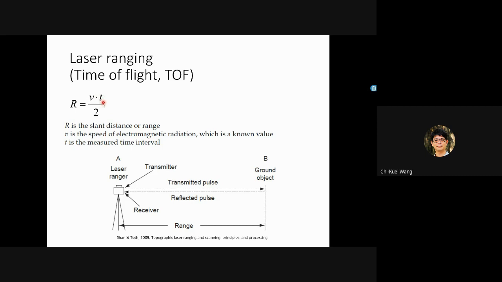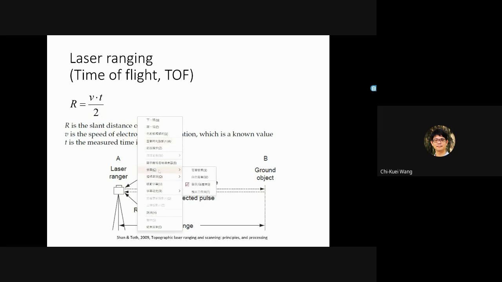We divide it by 2 because it is a round trip. The trip goes to the object, and the trip comes back. So it's a round trip. This is why we have a 2 in the denominator.